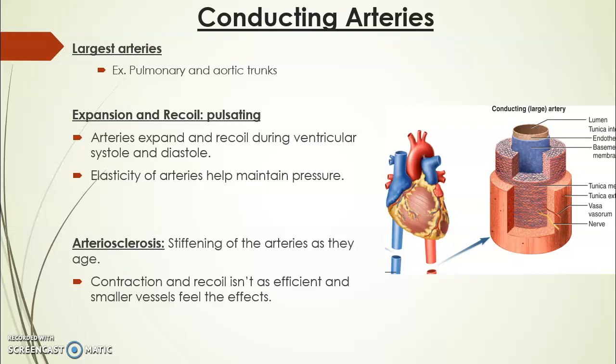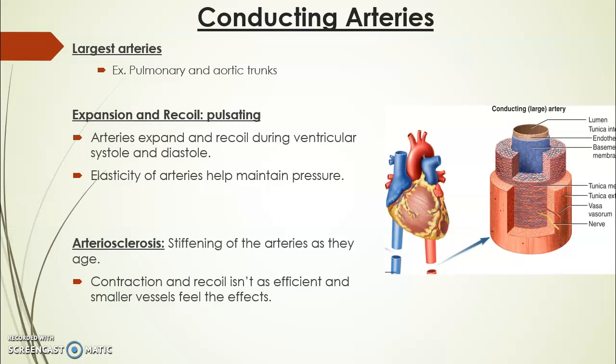Okay, so as the ventricles contract, we're going to find that the immediate vessels are going to have the highest pressure in there. Because of that high pressure, it needs to be maintained with these vessel walls.